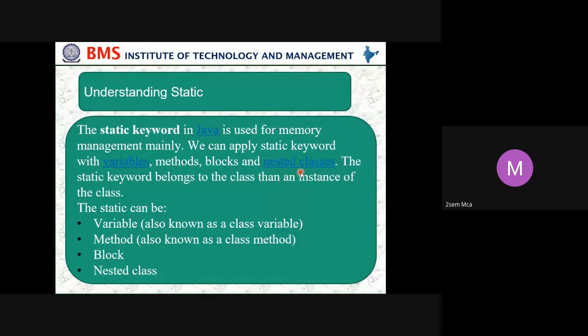The static keyword belongs to the class than an instance of the class. A static variable is also known as a class member, a method as a class method, and then the block and the nested class.